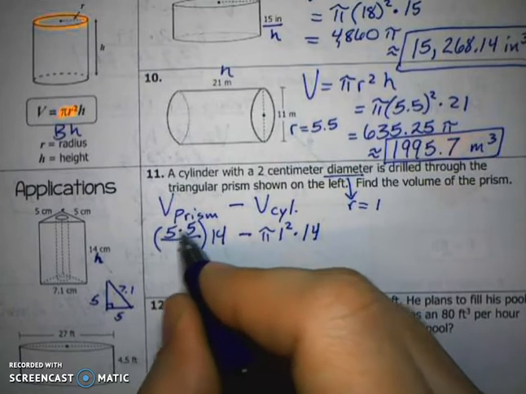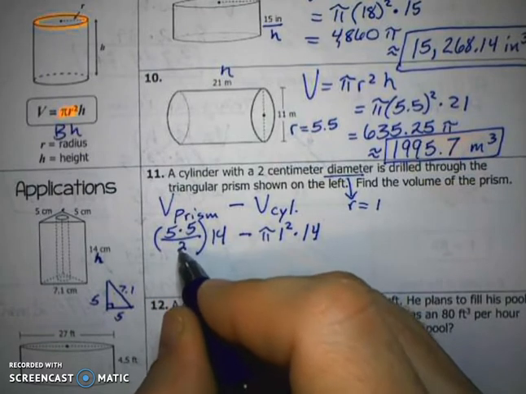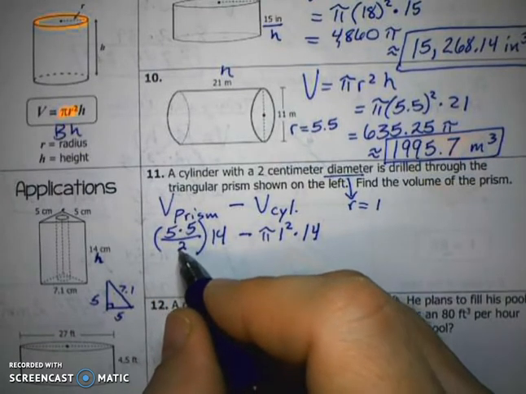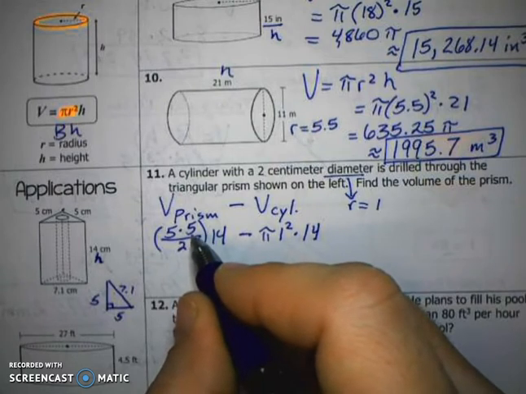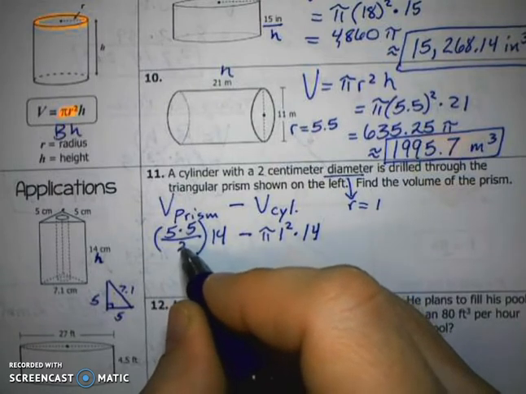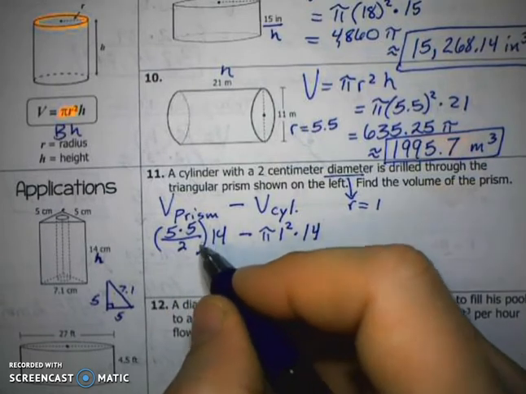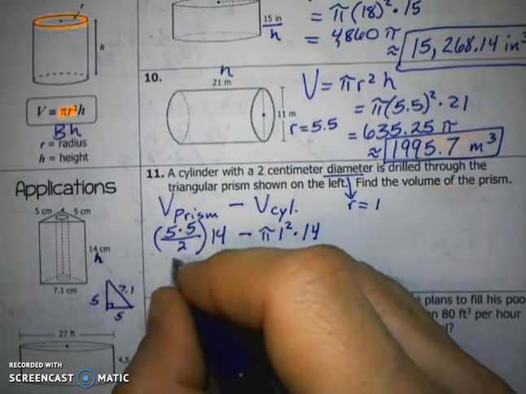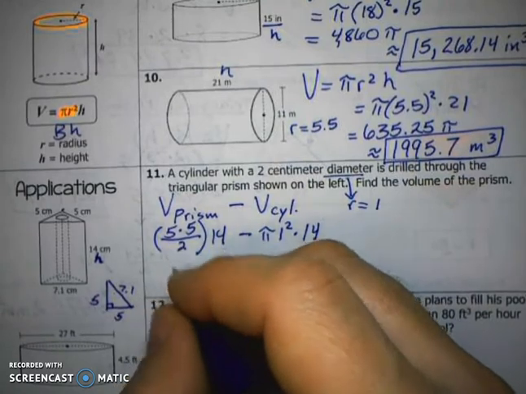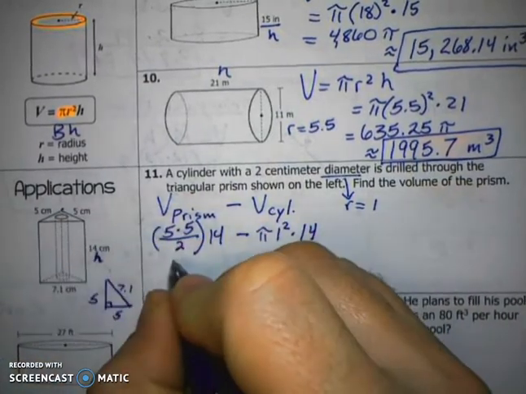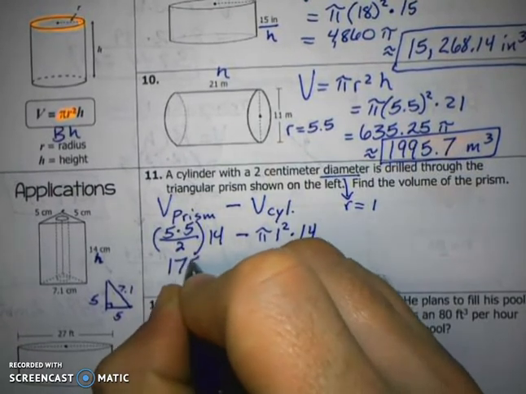Okay, for this part, 5 times 5 is 25. 25 divided by 2 is 12 and a half. And then multiply that by 14. I get a little confused. I'm sorry about that. So the volume of your prism, before you take out that hole through the middle, is 175.